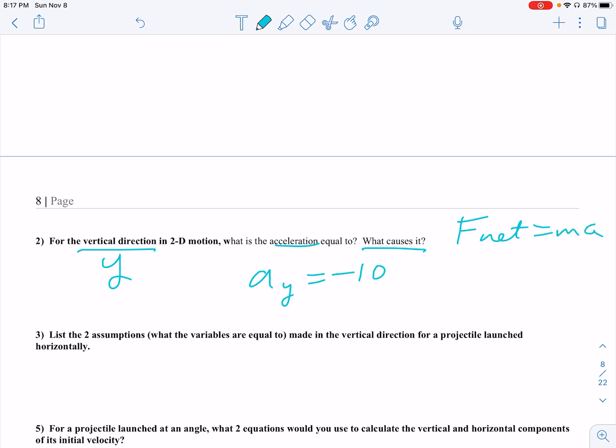What causes g? The weight. The weight causes g. So the net force on an object in a vertical direction is the weight.